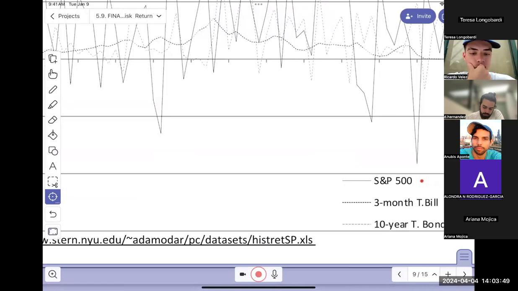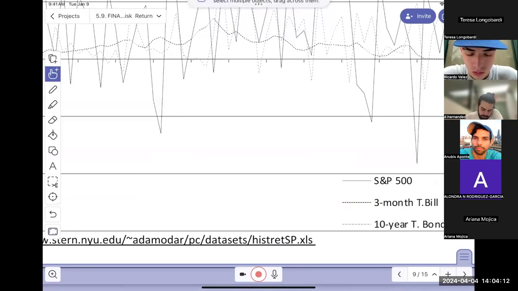It's a proxy for a diversified portfolio, or how the market performs. We have 3-month treasury bills and 10-year treasury bonds. The darker dash one is the one you see here that's always positive.